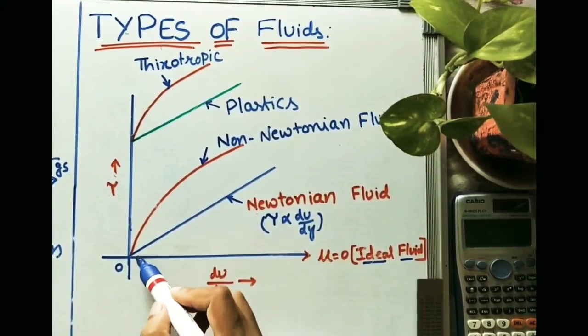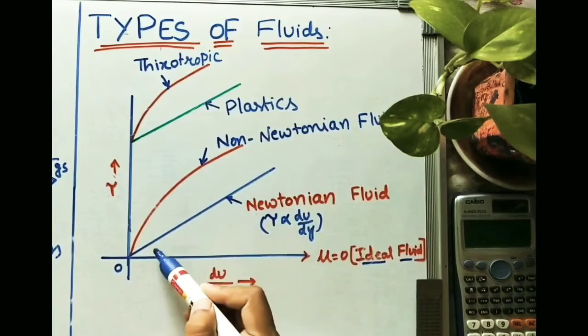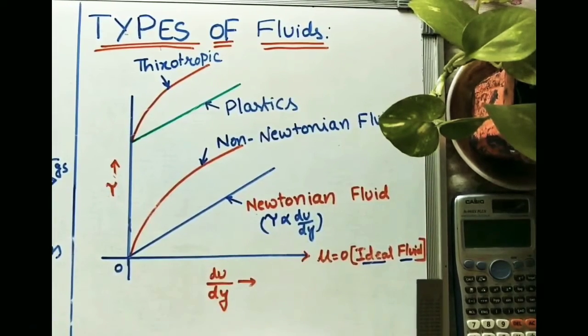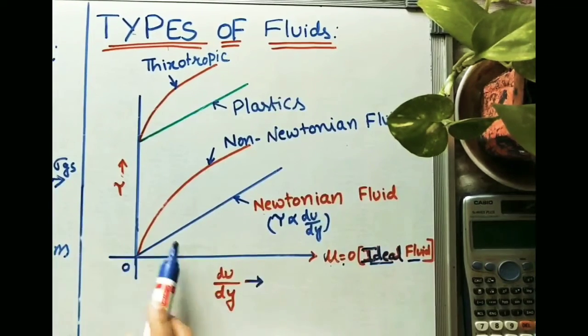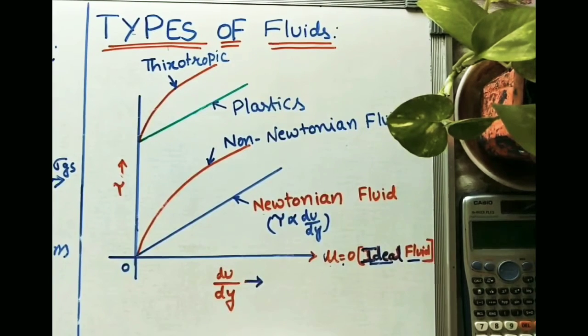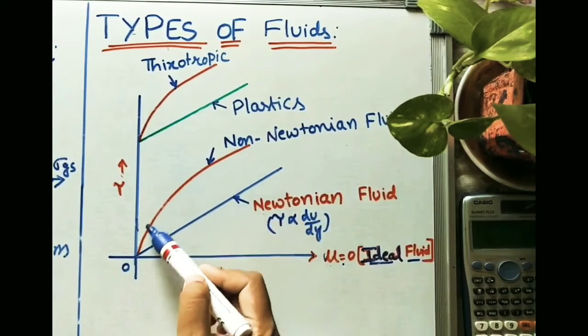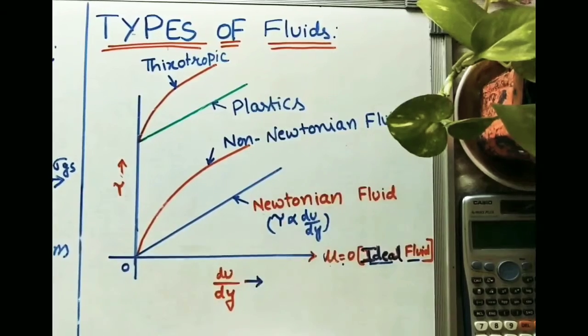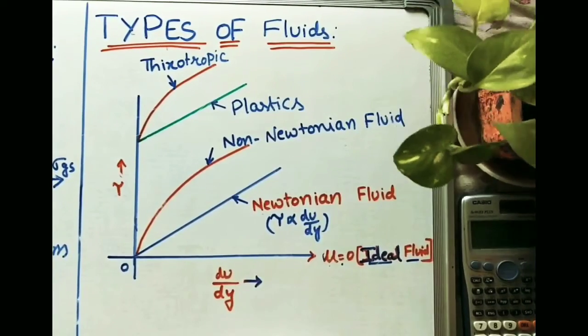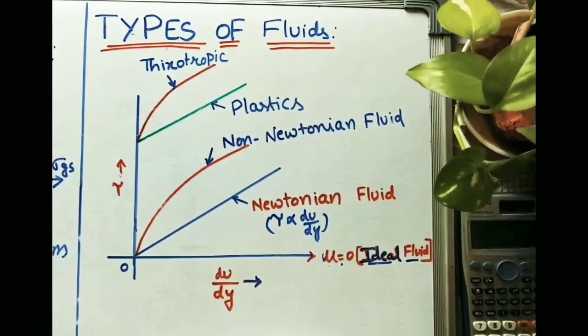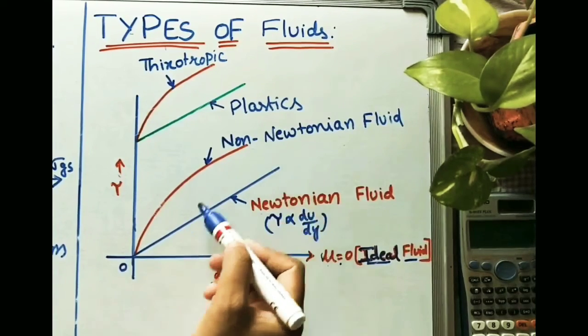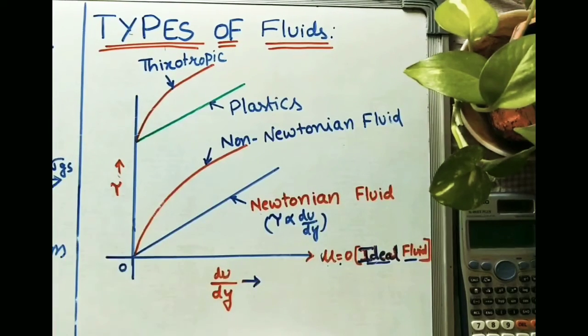So this line is for the Newtonian fluid. Now if the relation is not linear, meaning it is in the form of a curve, it is called non-Newtonian fluids. These fluids have a non-linear relation between tau and du by dy.